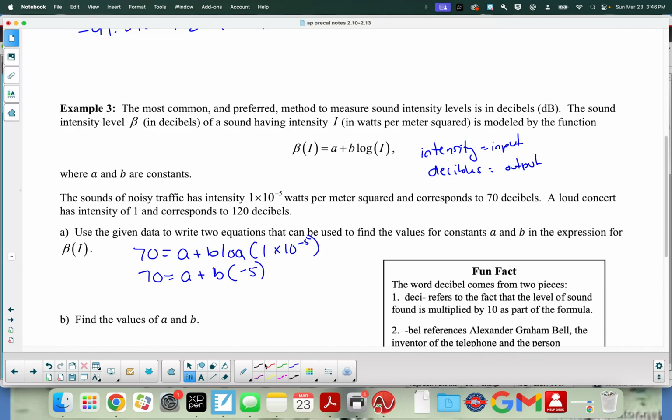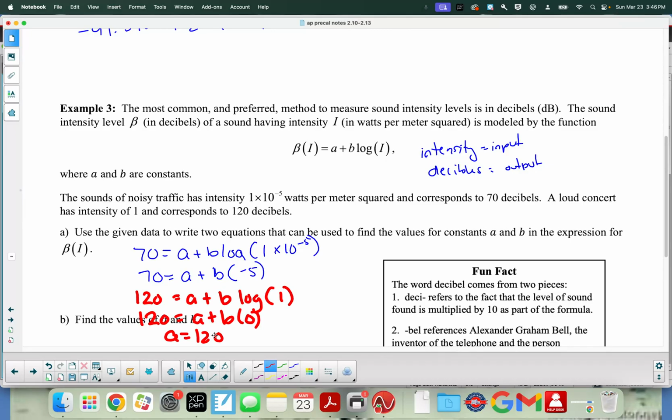Okay, so the other equation is going to be 120 equals a plus b log of 1. And log base 10 of 1 is, hopefully everybody remembers, 10 to what power equals 1 is 0. So this is 120 equals a plus b times 0, which means that a is 120.